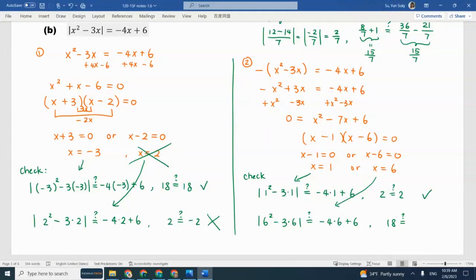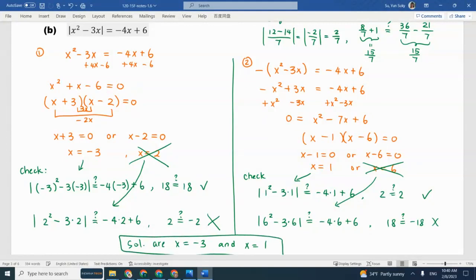Negative 4 times 6, negative 24, plus 6. Negative 18, right? Ooh, you see? That's not a solution. Therefore, our solutions are, okay? Yeah, so the solutions are x equals negative 3 and x equals 1. We get 2 solutions.